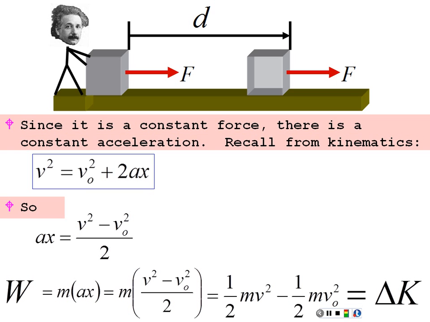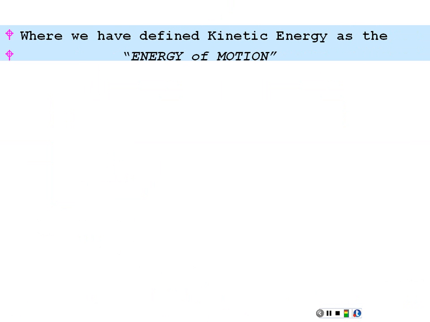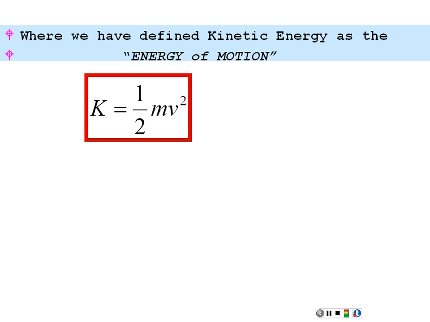So this is our final kinetic energy minus our initial kinetic energy. So we have defined the energy of motion, kinetic energy, as 1/2 the mass times the velocity squared.